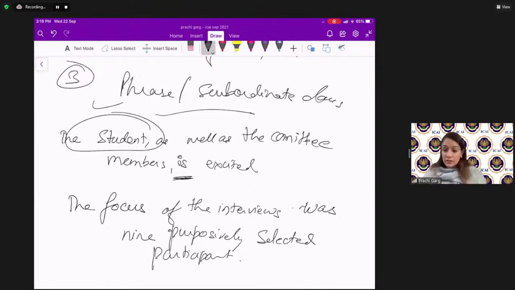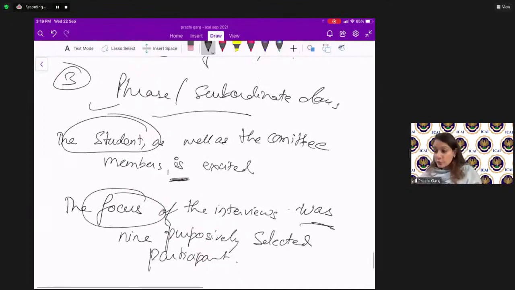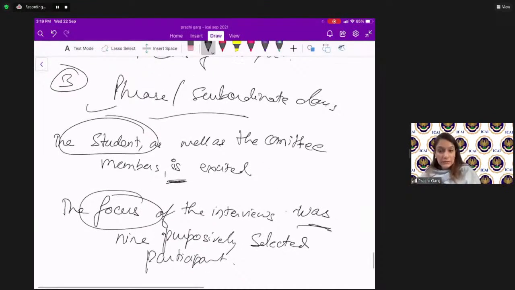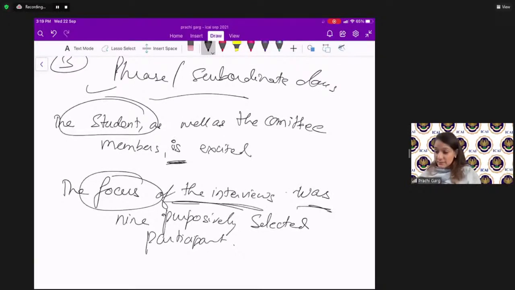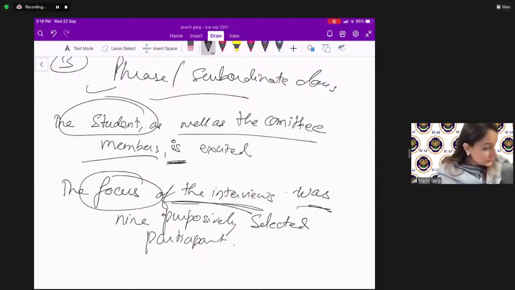Okay, here we are talking about the word focus. The focus of the interviews, not the interviews. The focus of the interviews was. So we are talking about the focus, we use a singular verb. Am I clear? Yes. So it doesn't matter what is in the middle. You have to see who is the subject and about whom we are talking, and then use the verb correctly. Am I clear? Yes. Okay.